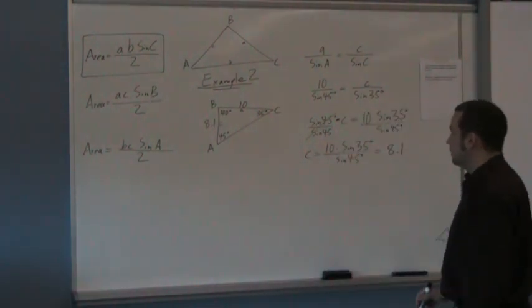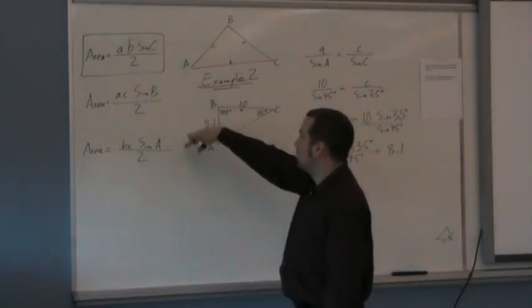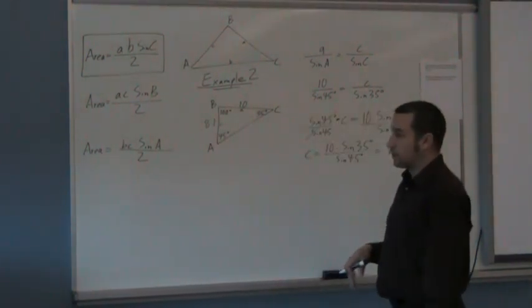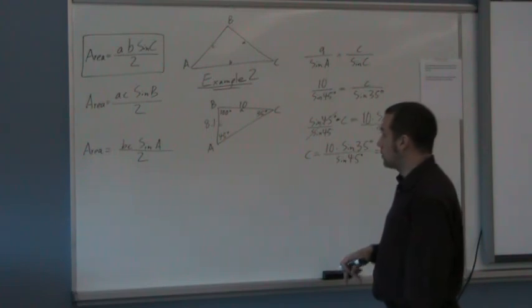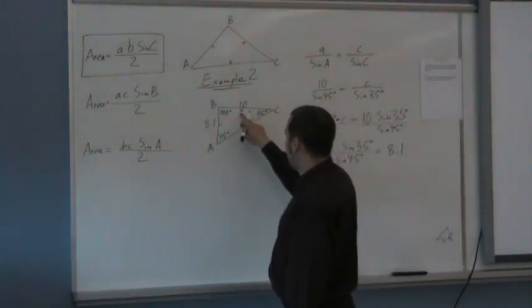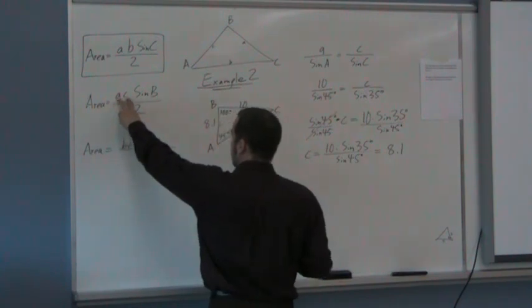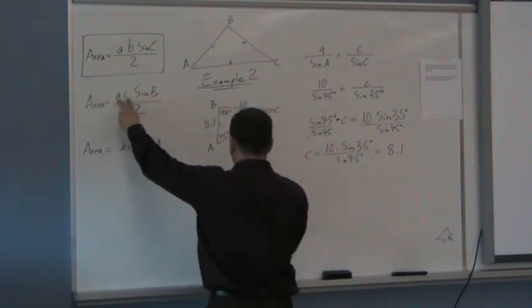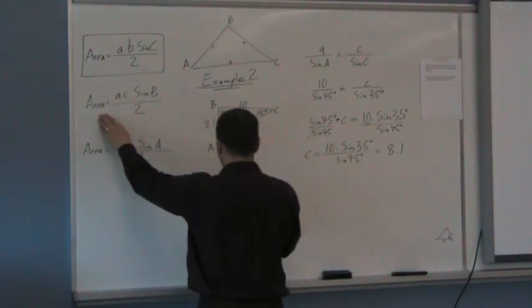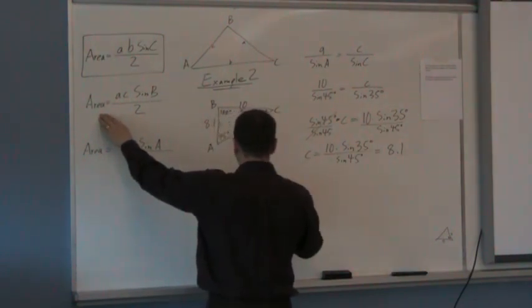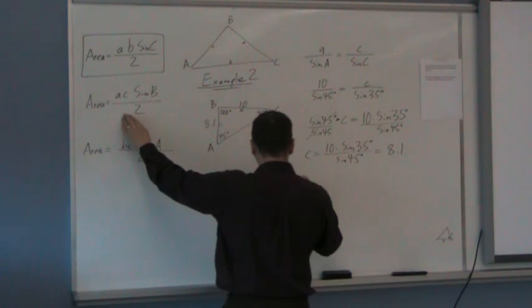And there it is. Now I've got a diagram where I can use one of my area formulas. I just pick out the information that I have in order to see which formula I'm going to use. I've got the two side lengths A and C. So the formula that has side lengths A and C is this one. And so I say that the area is equal to A times C times the sine of B all divided by 2.